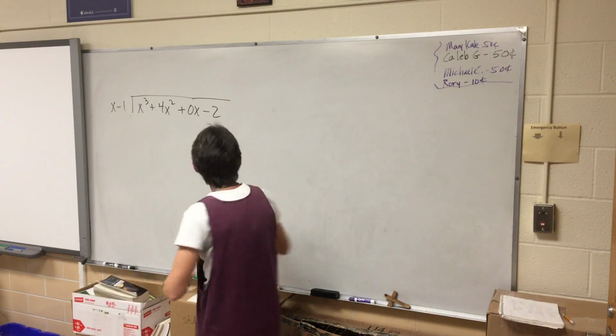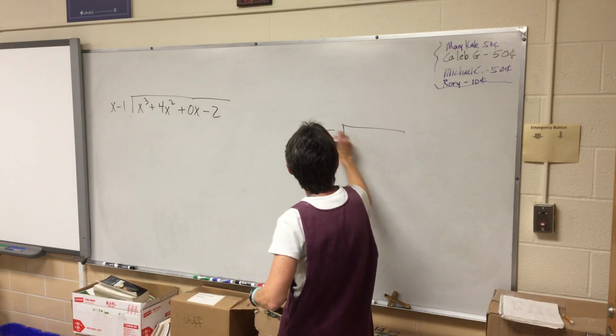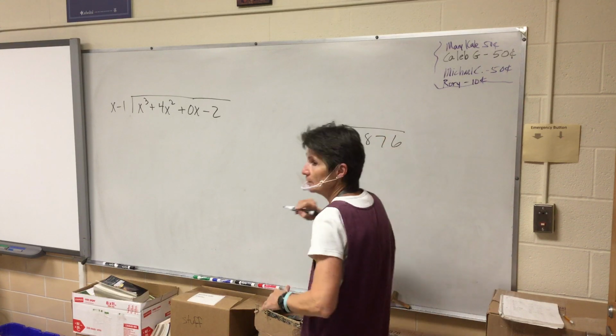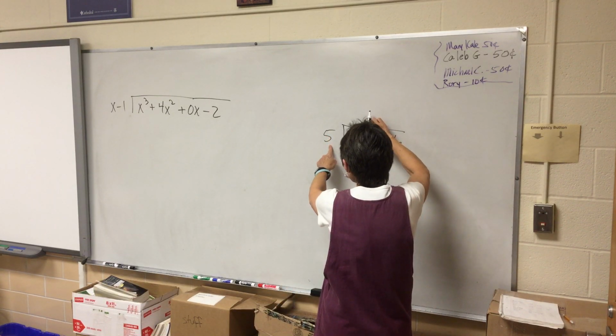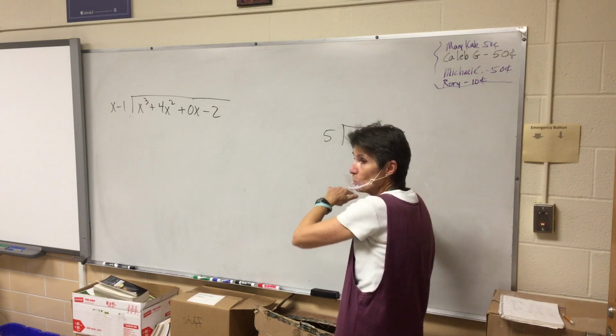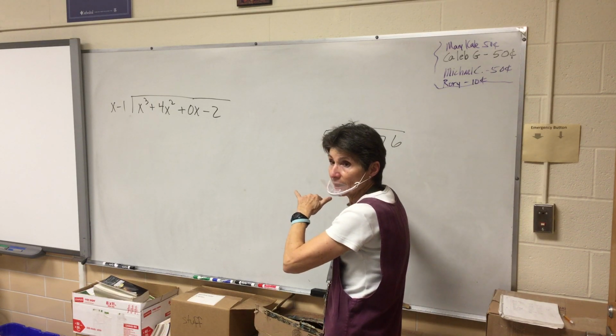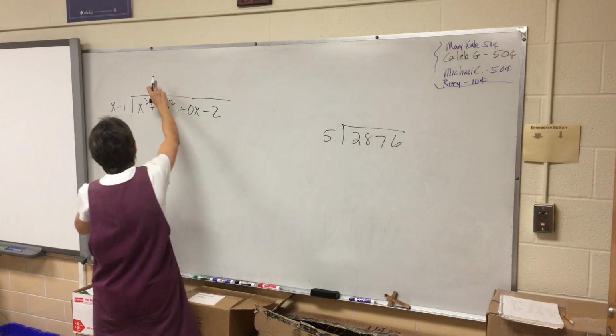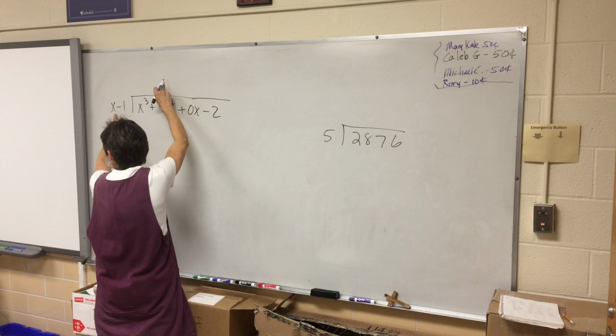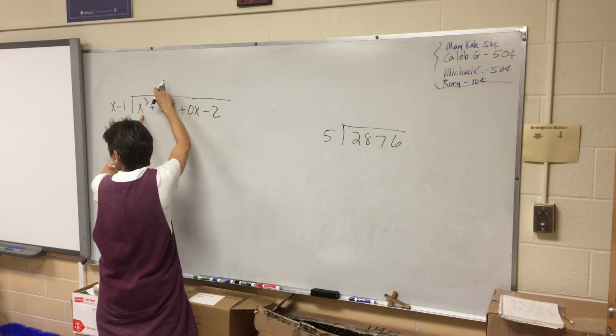Just like regular division. If you were doing regular division, you would ask yourself, what do I have to put up here to take times 5 to get 28? Right? And that's exactly what we're going to do here. What am I going to put up here to take times x and get x cubed?